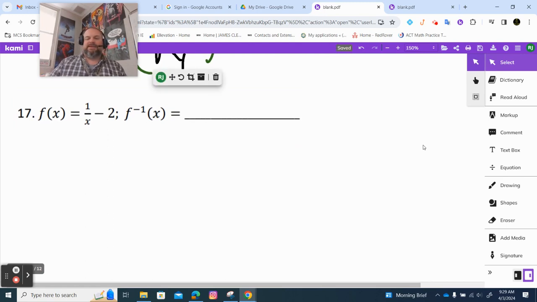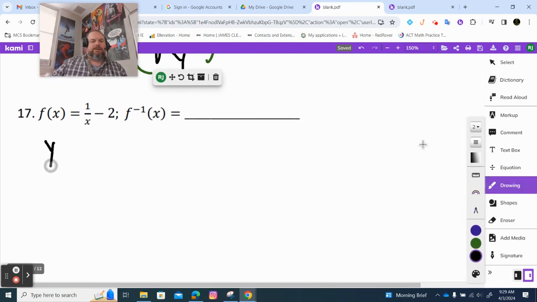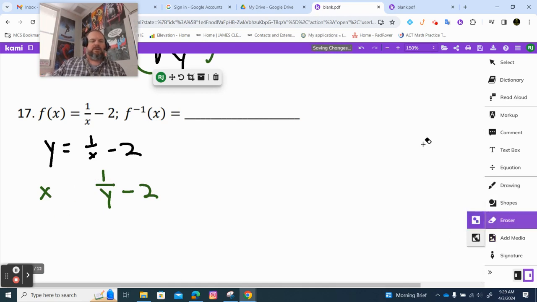All right, on 17, we're almost done. Yeah. So X and then Y. Wow, that is a lot more green than I wanted it to be.